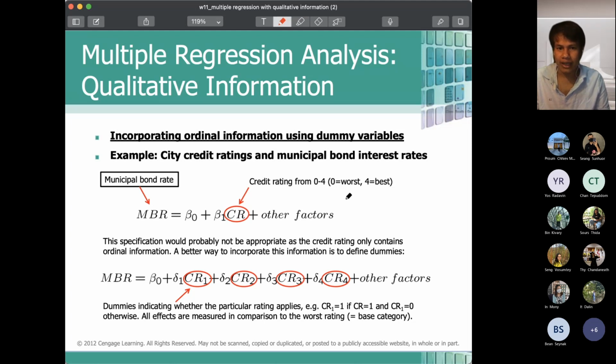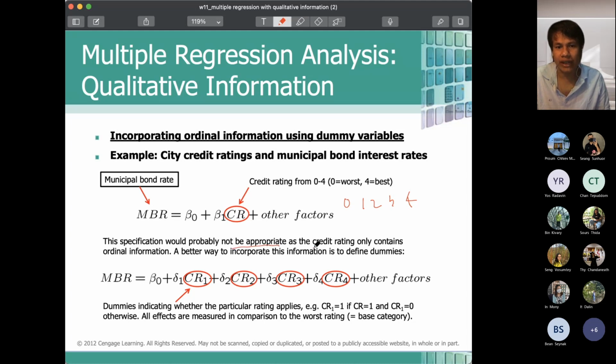All right, so it can be 0, 1, 2, 3, or 4. Remember, guys, this 0 to 4 is not numerical information. It's not quantitative information. So if you run a regression like this one, the specification is incorrect. Here it is written that the specification would probably be inappropriate.